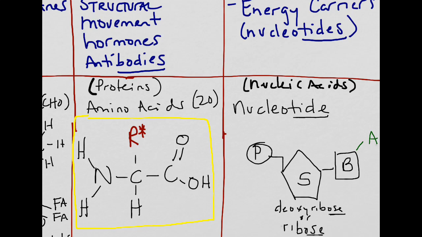So adenine, guanine, cytosine, thymine, and uracil. Okay. So that base could be any one of those bases, depending on whether you're looking at DNA or RNA, or what kind of nucleotide you're trying to make.